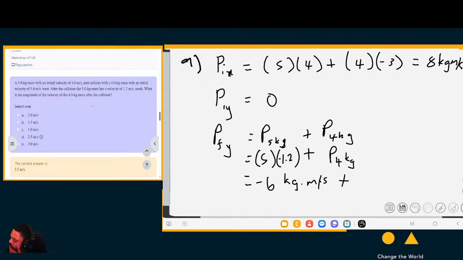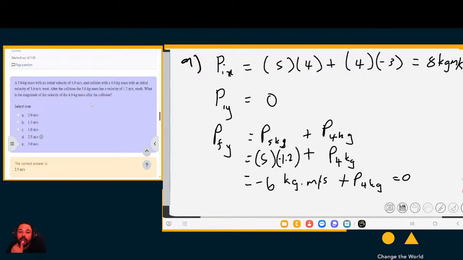And then plus, we don't know what the final momentum is for the 4 kilogram block. This is for the 5 kilogram block here. For the 4 kilogram block, we don't know what that is. But what we do know is that the sum of those two should be equal to 0. Okay? The sum of these two should be equal to 0.